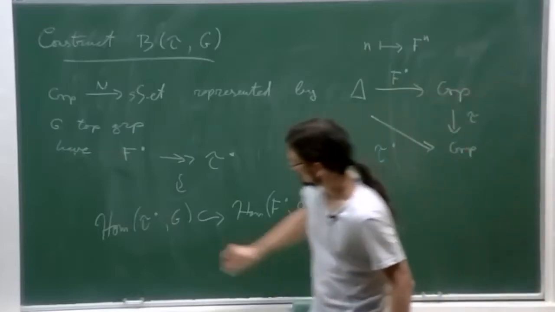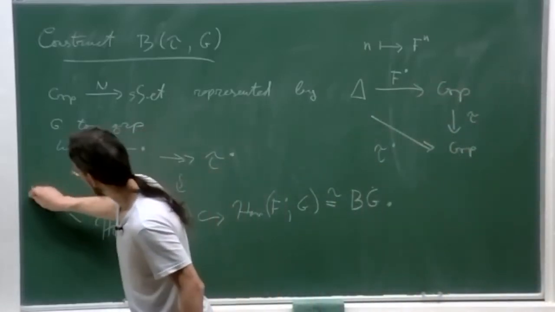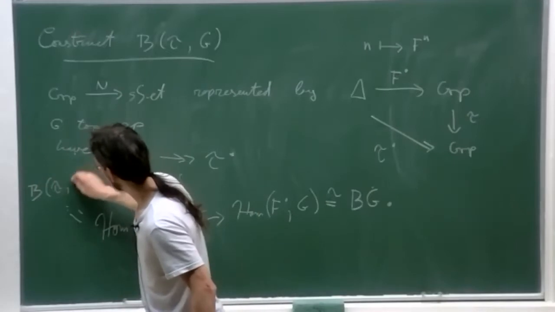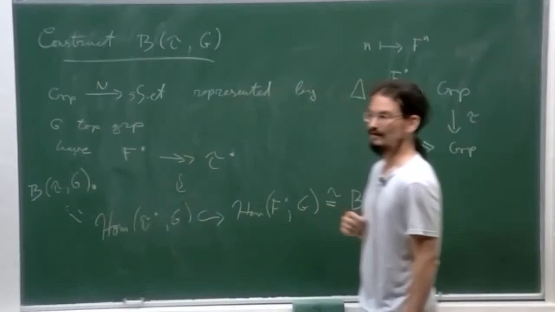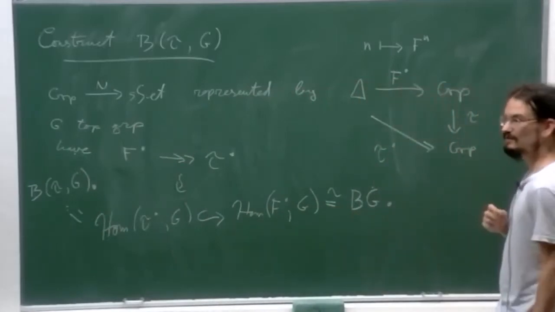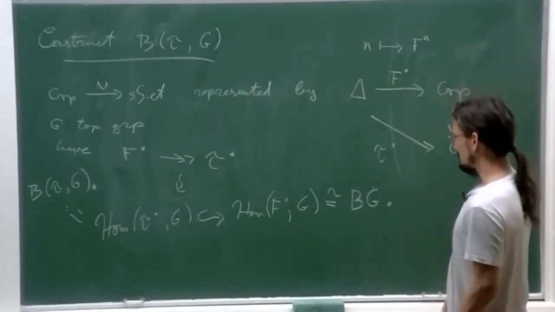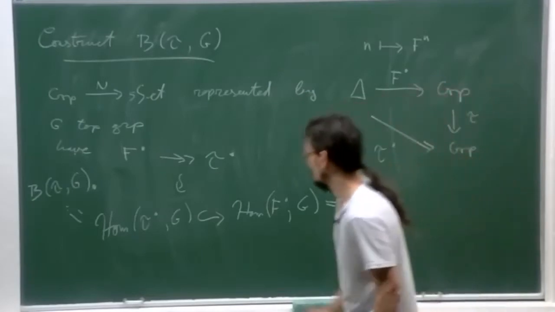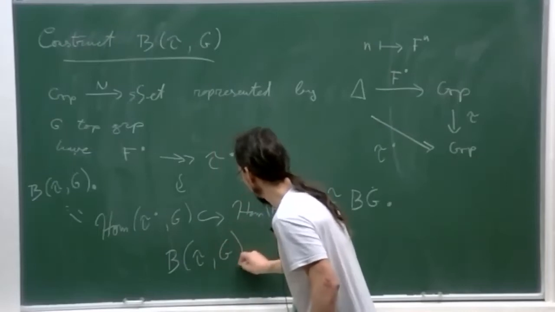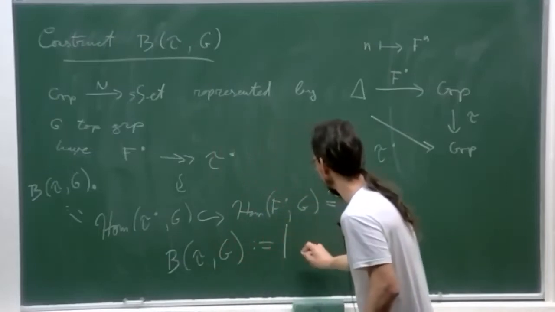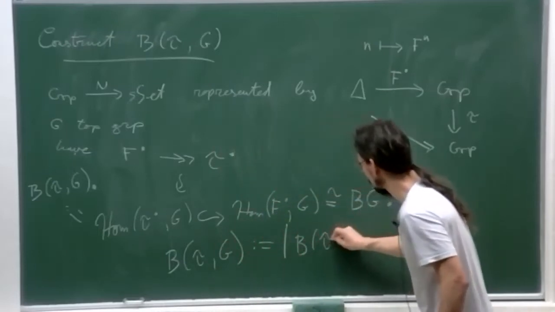And then we're going to let this be the simplicial space tau G. And then just like in the Z case and the BG case, this means that we can define the B tau G to be the geometric realization of this simplicial space.